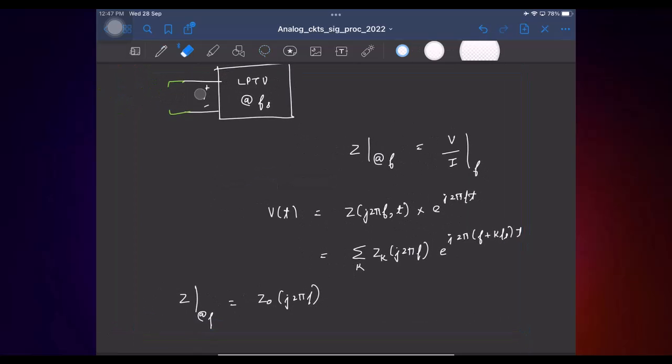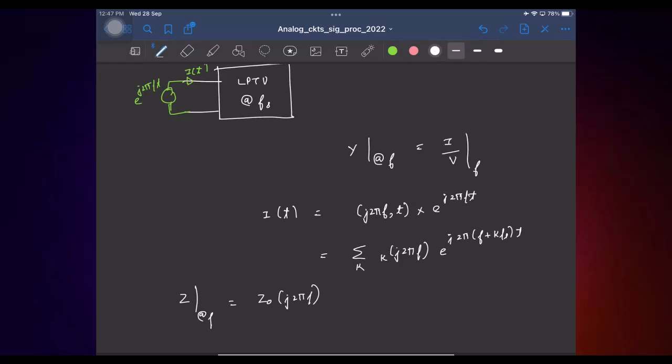Here I'll have to change the excitation to voltage and measure the current, and here things get flipped. Y is I by V. This will be the current.